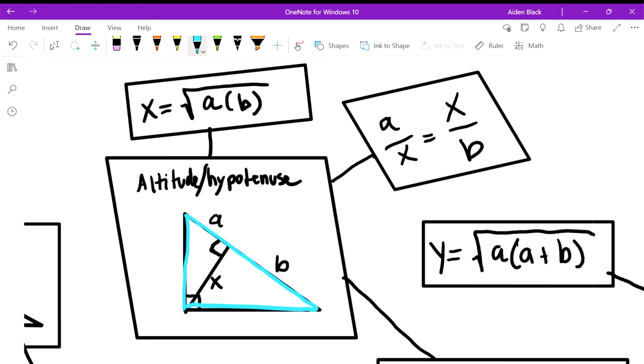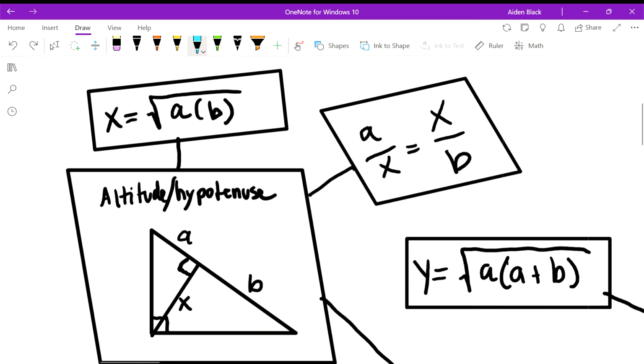The hypotenuse here is A plus B, that whole long length there. That creates a right angle and therefore creates 3 triangles in total, which are all similar, and since they're similar, they hold proportionality.